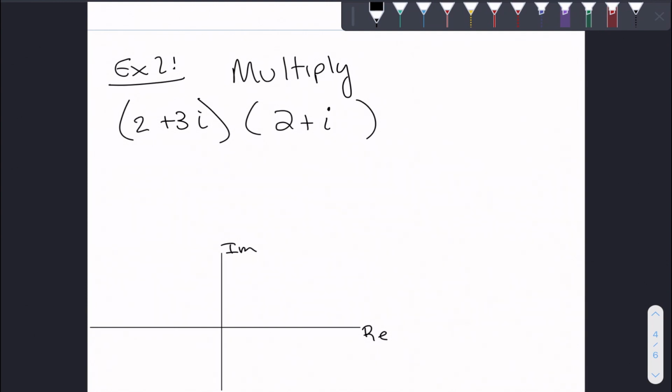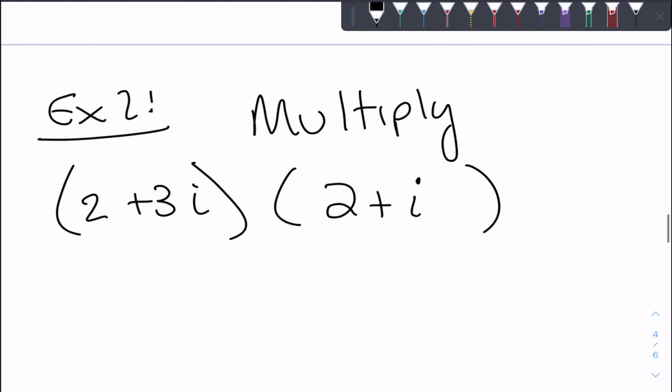So now let's take a look at multiplying complex numbers. If we quickly look at multiplying two complex numbers, it's just like foiling. So we multiply 2 times 2, 4, 2 times i, which is 2i, 3i times 2 is 6i, and then 3i times i, which would be 3i squared.